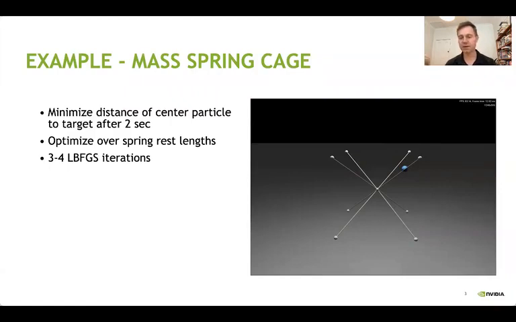And we'd like to optimize with respect to the model parameters, in this case, the rest lengths of the springs. So if we can take gradients of our loss with respect to those model parameters, we can run an optimization. And here you can just see this optimization proceeding. You can see very quickly we can converge to a pretty accurate answer using something like LBFGS, just through these first order gradients of our dynamics.